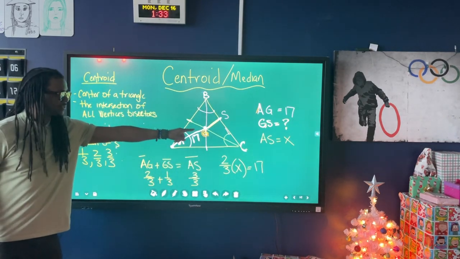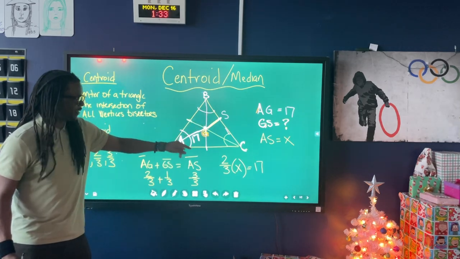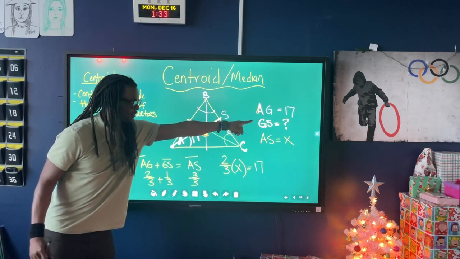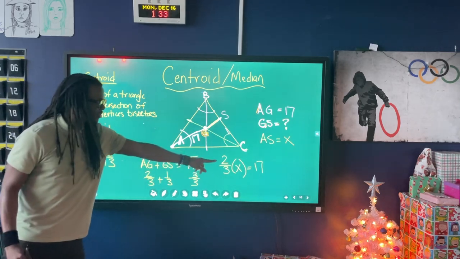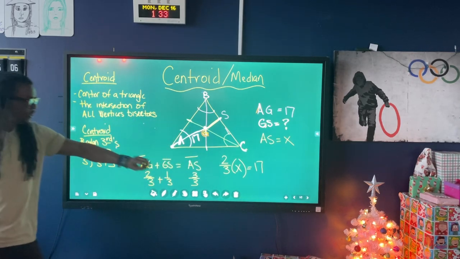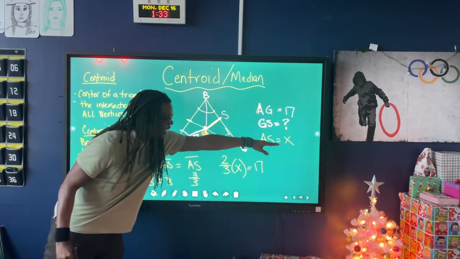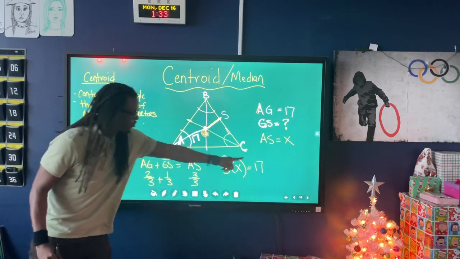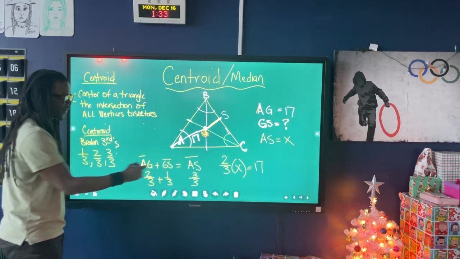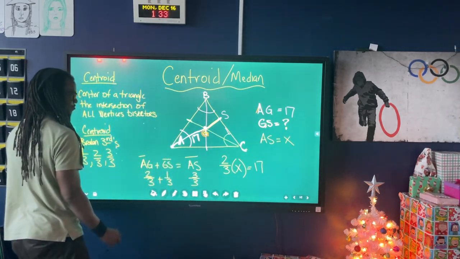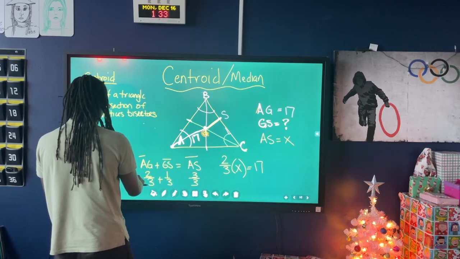So we're solving to get the entire length, and then we're going to get GS. From what they gave us, 2/3 of this entire length of AS equals 17. So how would I solve for X? You can divide 17 by 2.